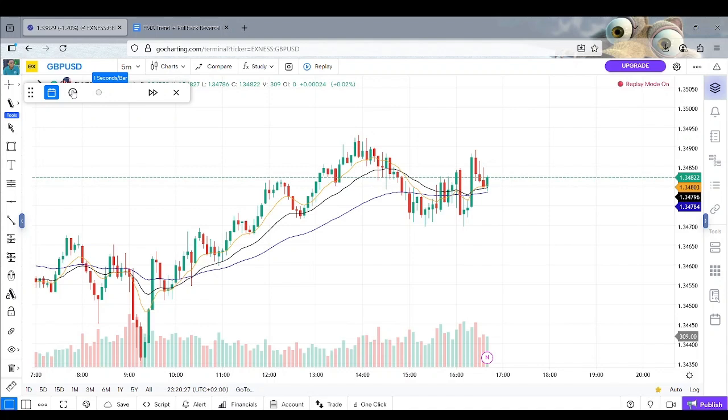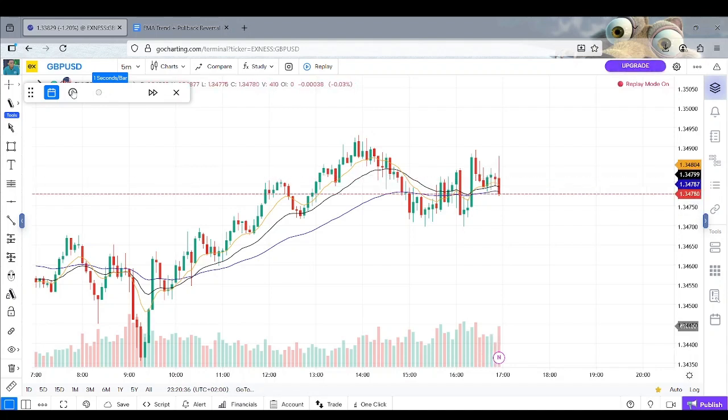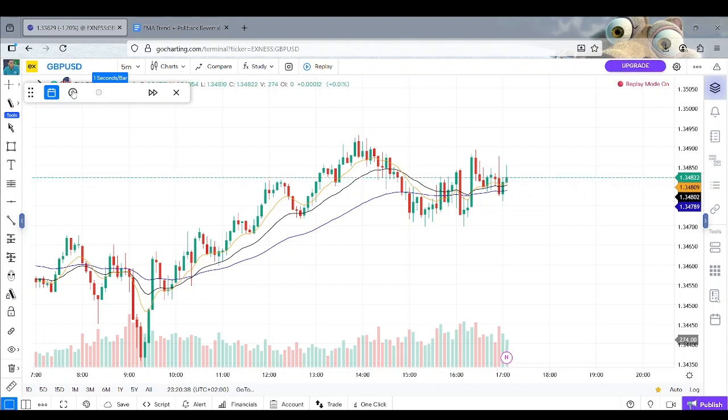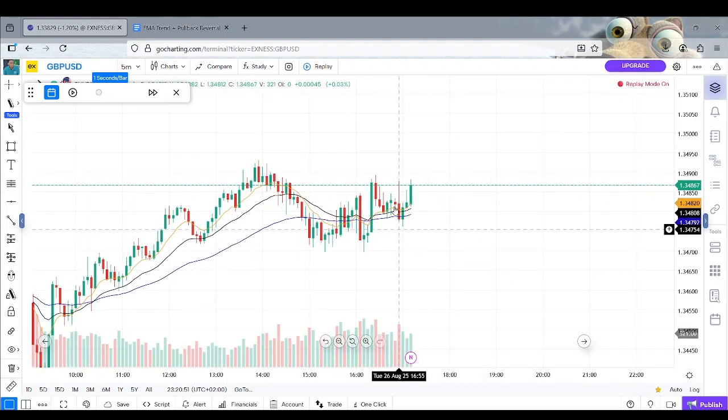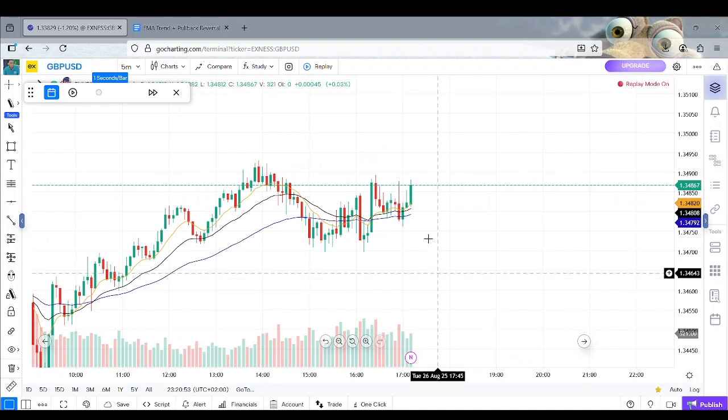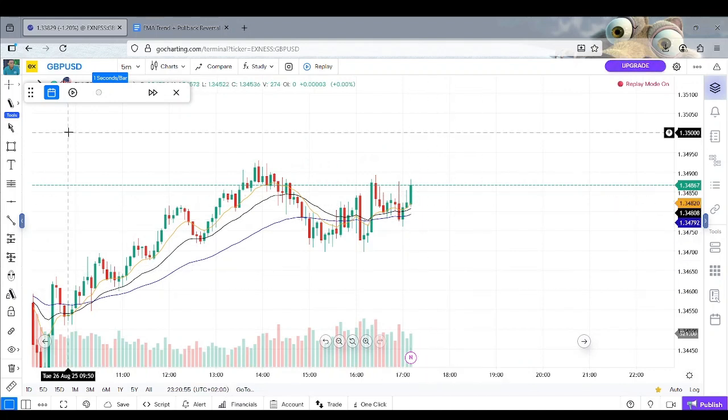Now what I'm waiting for is imminent engulfing or any. Okay. Ooh, nope. I don't know what to call that, but that's quite a big candle, right? Quite a big bullish, not engulfing, but just a green candle.